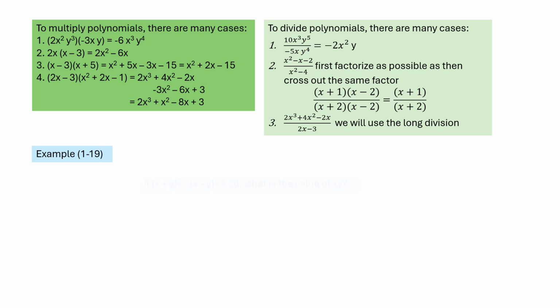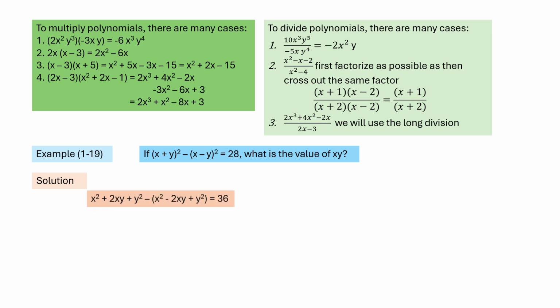Example 119. If (x plus y) all to the power 2 minus (x minus y) all to the power 2 equals 28, what is the value of xy? Also, don't make a scenario for the solution. Try to do something. I think the only thing you can do is expand the brackets. So expand the first bracket like a perfect square, x squared plus 2xy plus y squared.